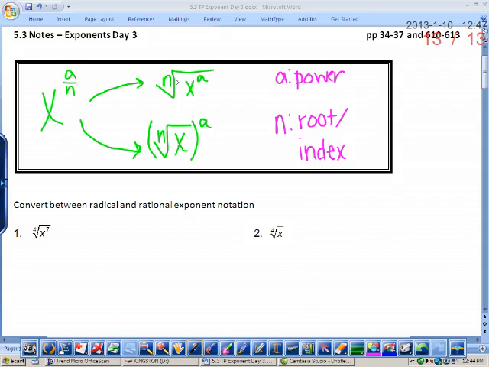Okay? So look at number 1. We're going to convert this back and forth between rational exponent notation and radical notation. So I have the fourth root of x to the 7th.